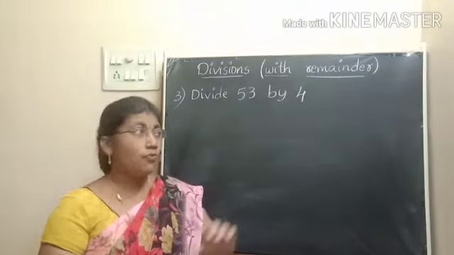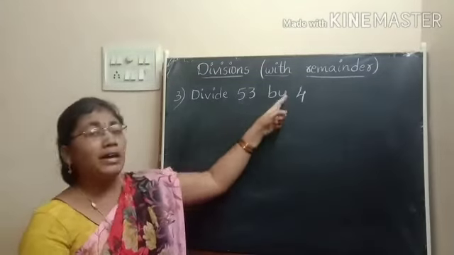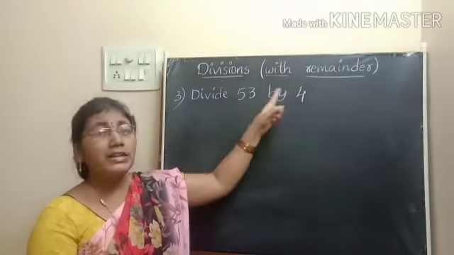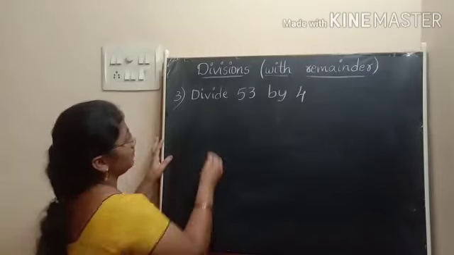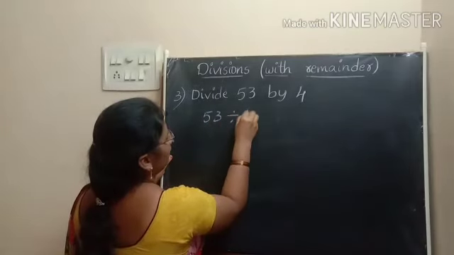Let us see one more example. Divide 53 by 4. Here the dividend is 53 and the divisor is 4. Let us write these numbers: 53 divided by 4.